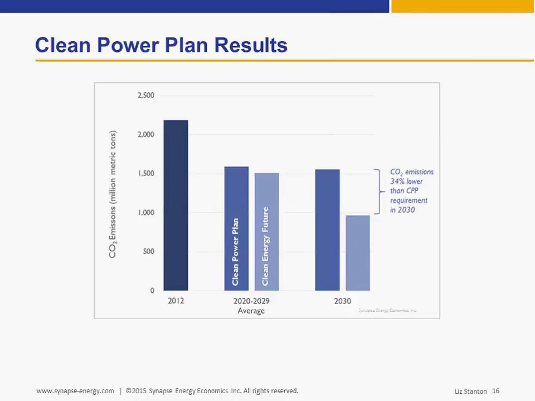So for the Clean Power Plan, there are lots and lots of different ways, maybe an infinite number of ways, that it could be implemented. This is looking at the implementation that's in the proposed rule filing as being the emission amount there. There's a 2020 to 2029 glide period, an interim period, where states in the proposed rule would have to comply by getting their emissions on average through that period to be equal or less than a certain amount. And then in 2030, that's the final marker for the Clean Power Plan.